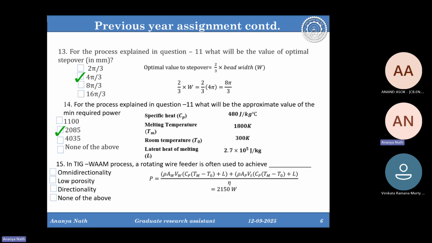Now we have the 15th question. In TIG WAM process, a rotating wire feeder is often used to achieve... Rotating wire feeder means in TIG you are putting the wire from off axis.